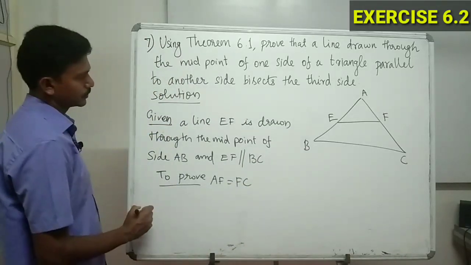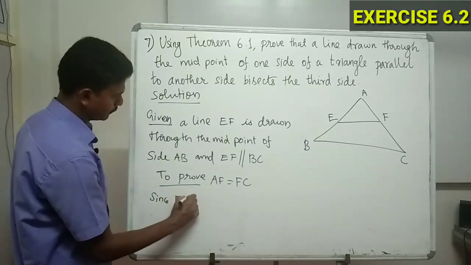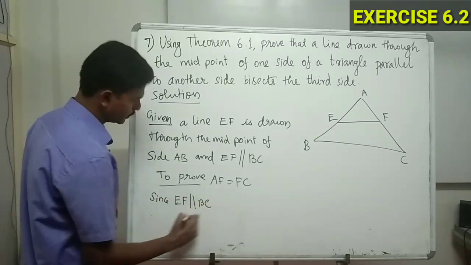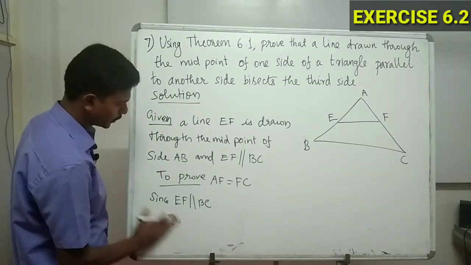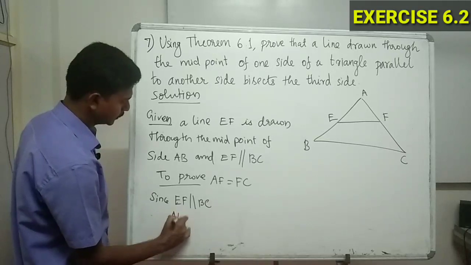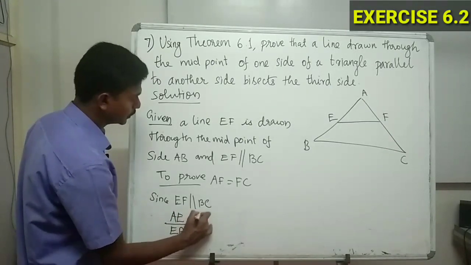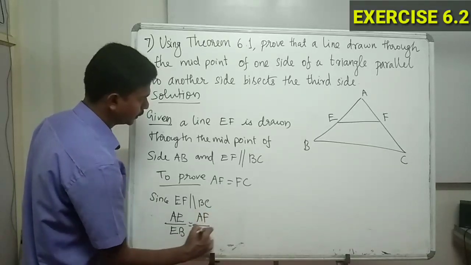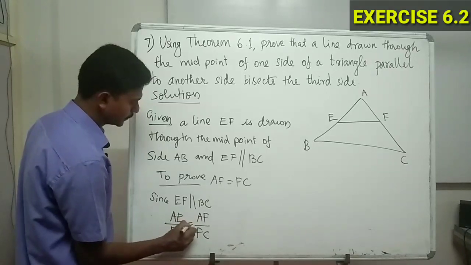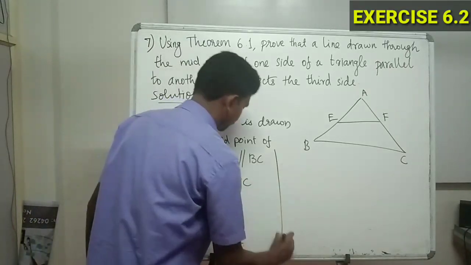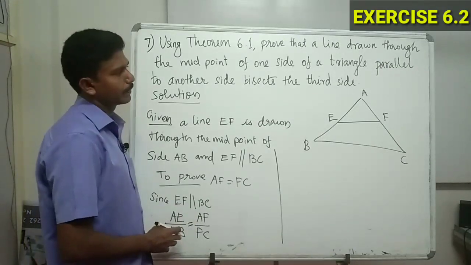Since EF is parallel to BC, we can use the basic proportionality theorem: AE by EB is equal to AF by FC. So we have written that ratio.